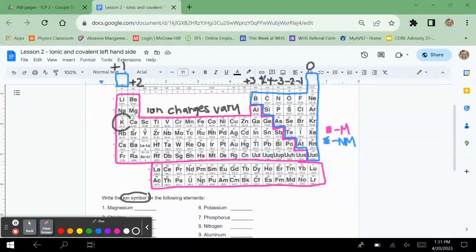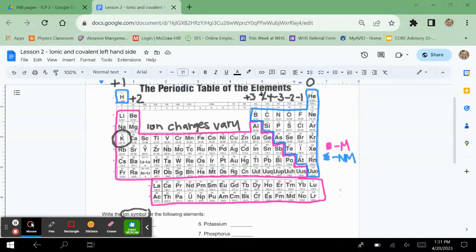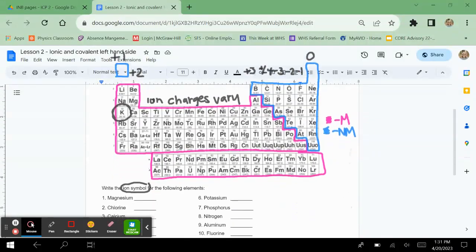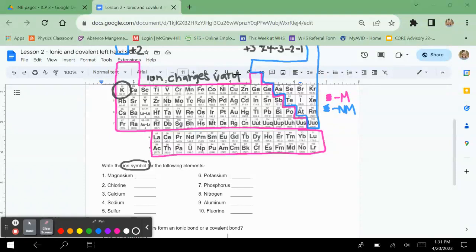Potassium is K. I locate that, and I notice that if I look above that group, potassium has a +1 charge. So I'm going to come down here and write my ion symbol: potassium, and it's a superscript, has a +1 charge. Okay, that would be the ion symbol for potassium.